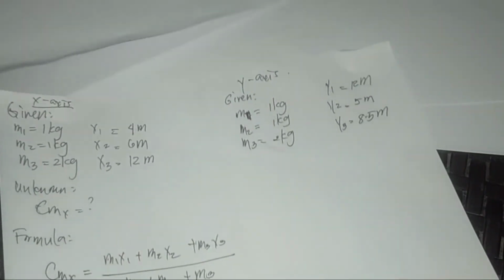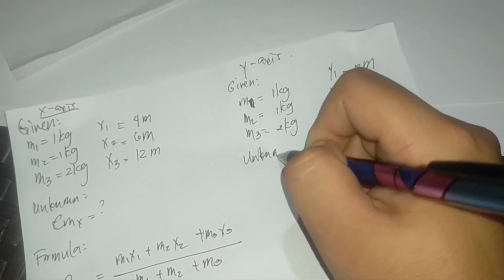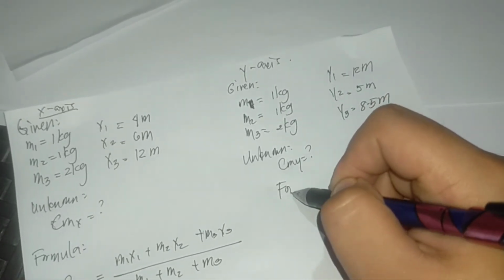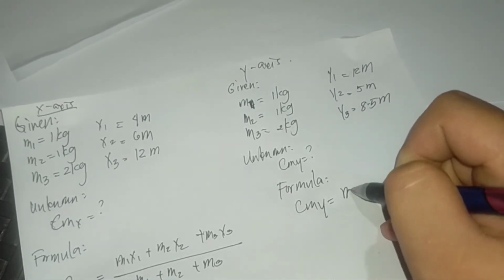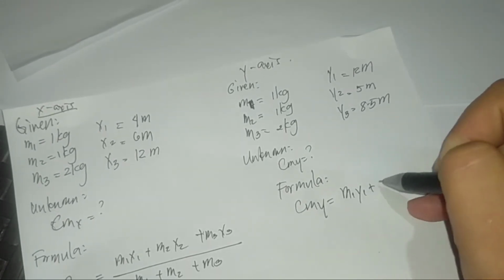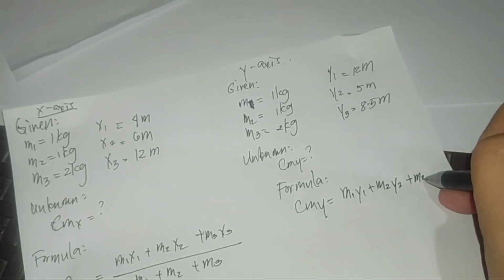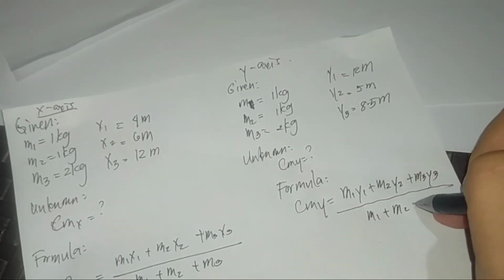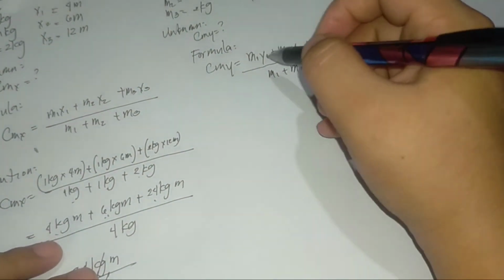Okay, so we are done with our givens. So the unknown is CMy. Then for our formula, we have CMy equals m1y1 plus m2y2 plus m3y3 divided by m1 plus m2 plus m3. So that will be the formula that we are going to use.